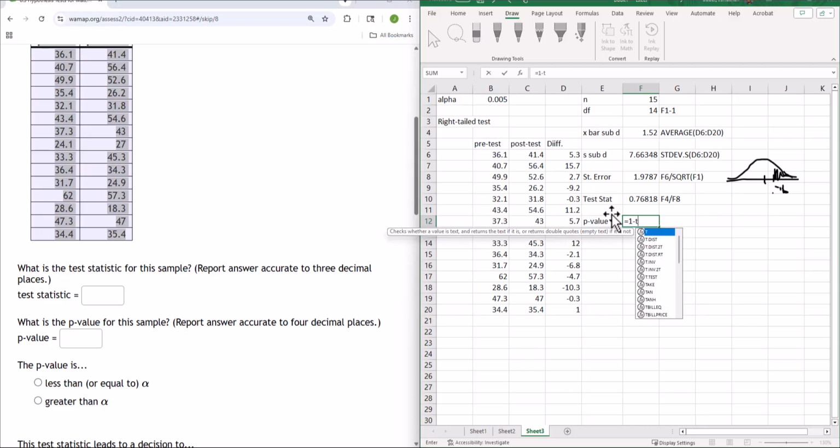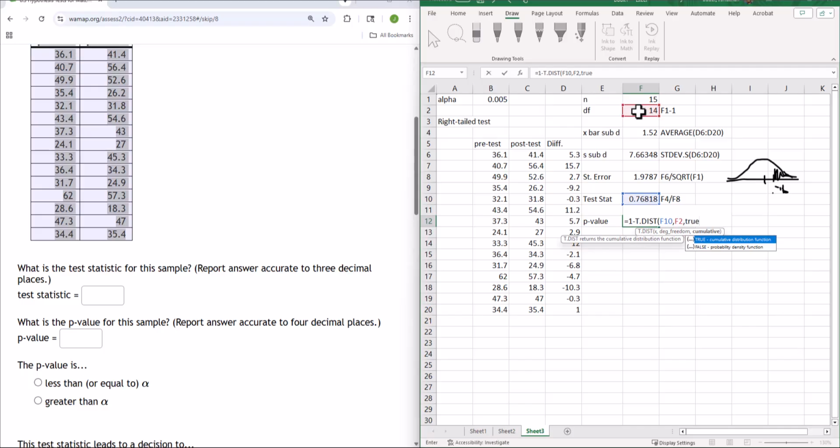Now going old school, connecting back to what we used to do, we can do T.DIST, 1 minus, because we're looking for the right side. This function always finds the area to the left. Put in the test statistic, comma, degrees of freedom, and true. Now here we have a p-value, and we would round it to 4 decimal places.